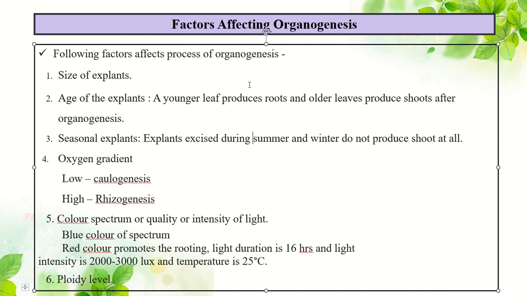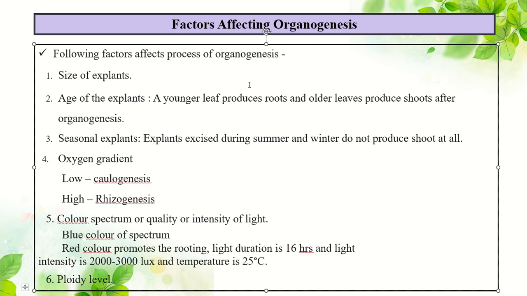Now two things. One is callogenesis. Kalo means callus, related with it. Rhizo means rhizosphere-like, roots. So the oxygen gradient is low in callogenesis. Remember this; I will ask it in match the following, or someone may also ask it in multiple choice.